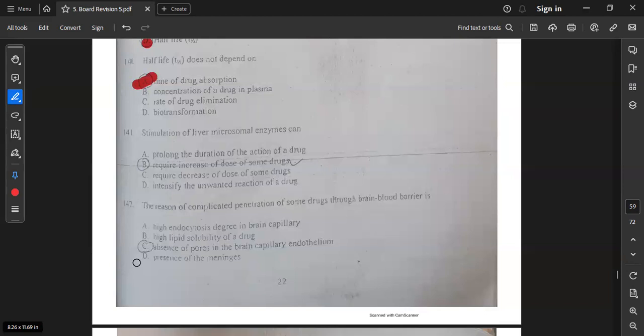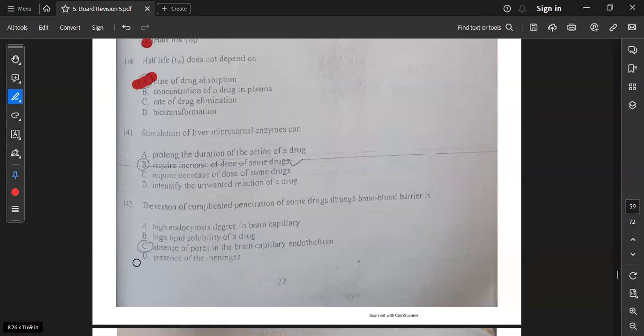If the drug is being eliminated, we'll need to increase the dose because we are not getting that steady state. Okay, I think we're good. So the answer is B.